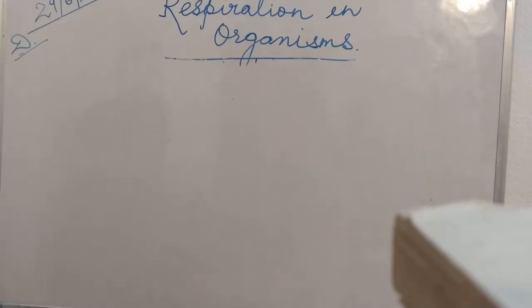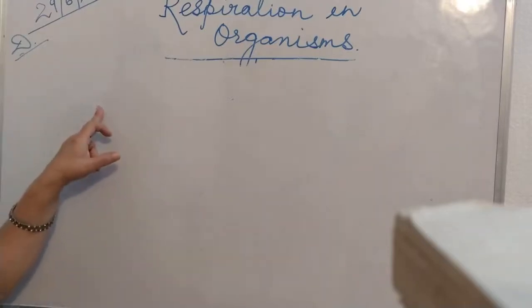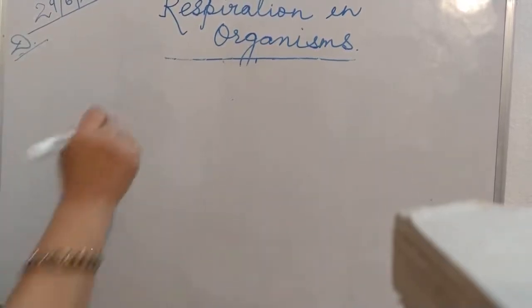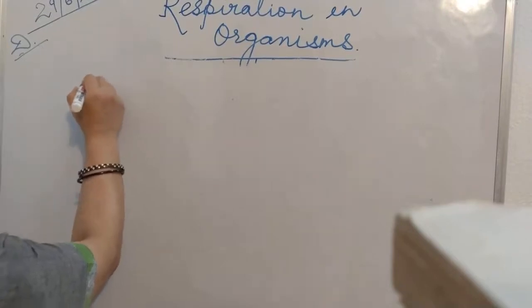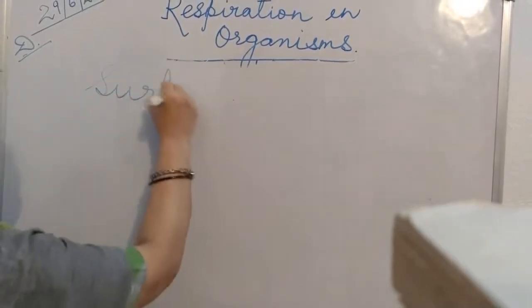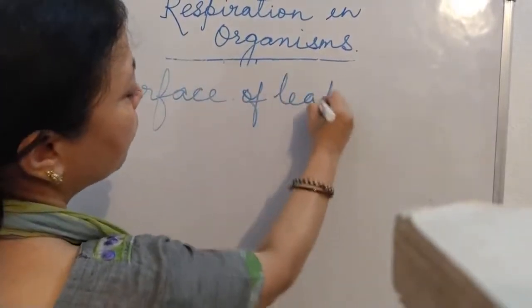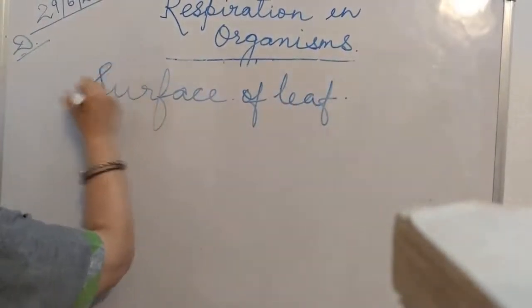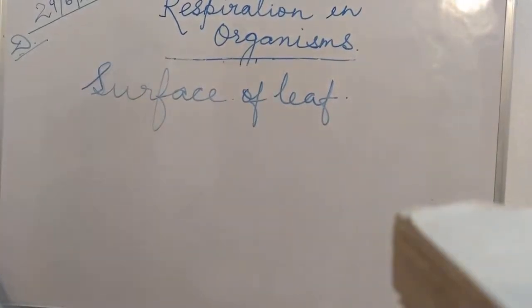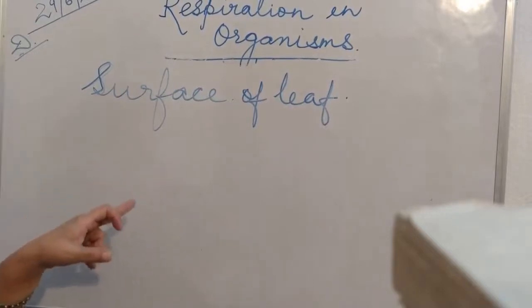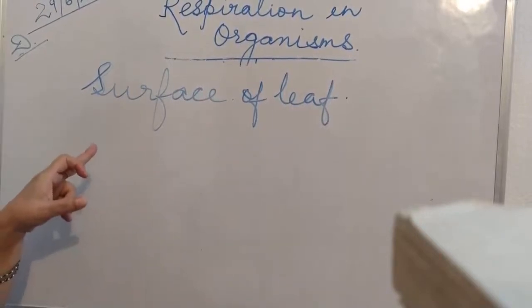Now third question is, where are stomata found in a plant and state their function? Stomata are found on the surface of the leaf. And what is its function? It helps in the exchange of gases. It also helps in the process of transpiration.